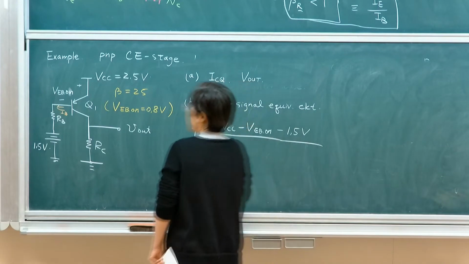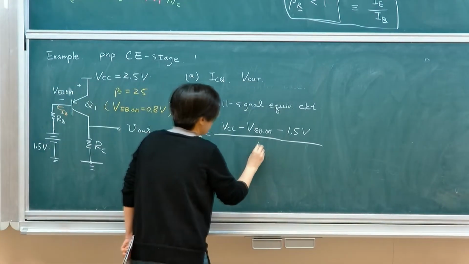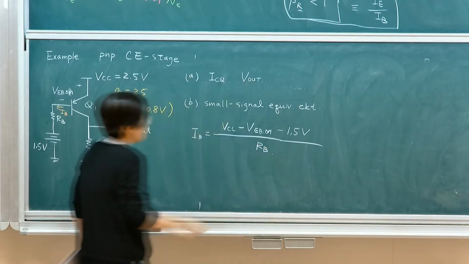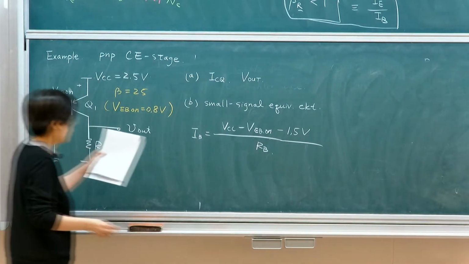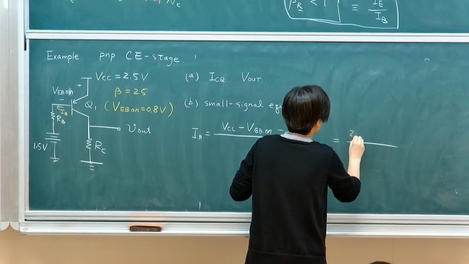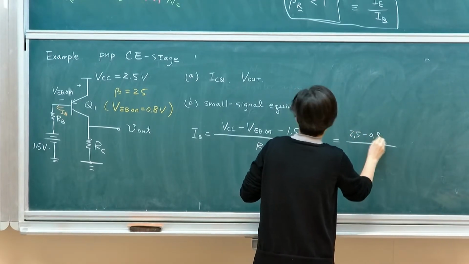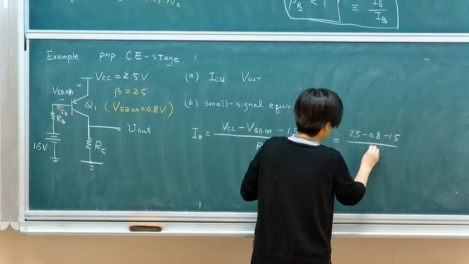That's the base bias, divided by the resistance, RB. Right? So I have 2.5 volt minus 0.8 minus 1.5, and this will be divided by RB.